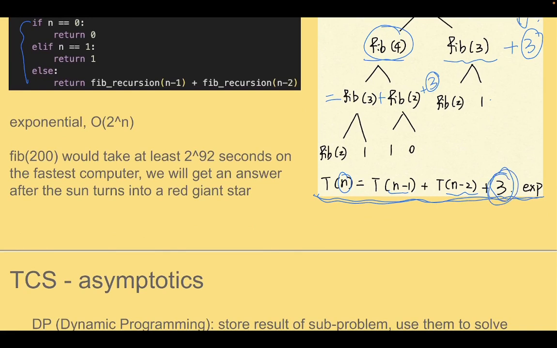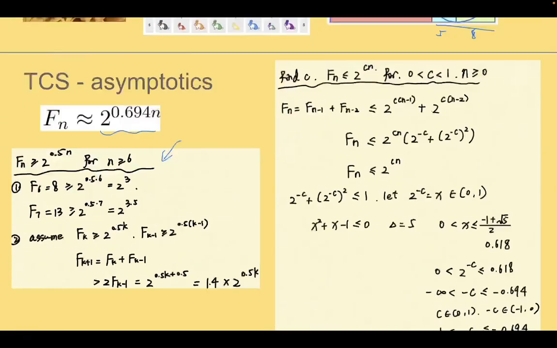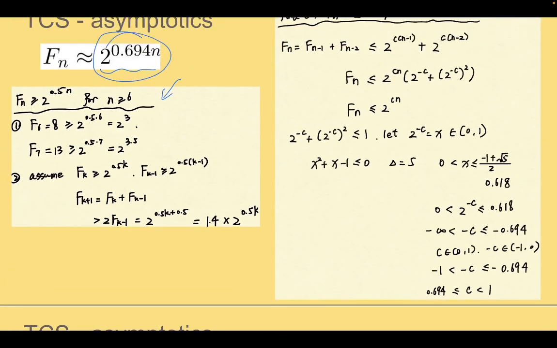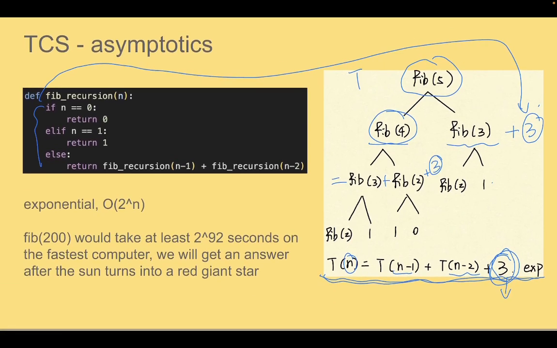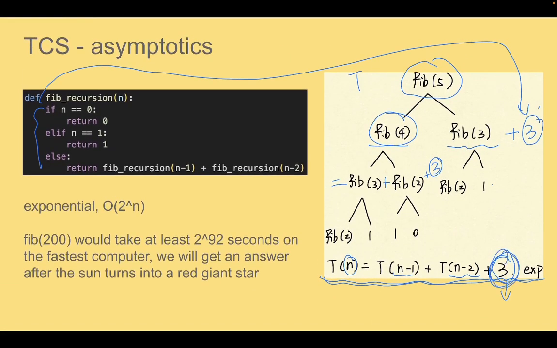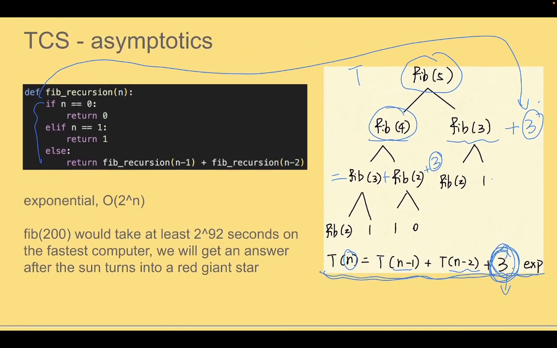And here is plus 3, so we know that the Fibonacci sequence grows at exponential time, and it's really obvious that 3 is a small number compared to exponential growth. So the Fibonacci recursion algorithm grows at exponential time.